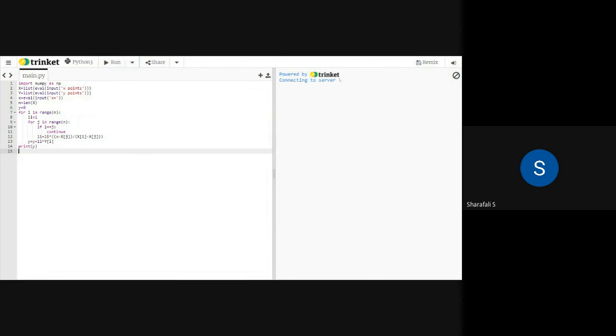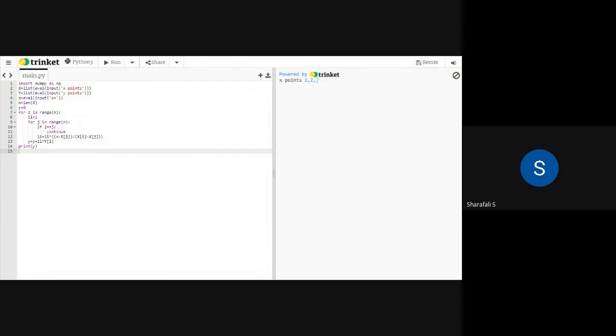Okay, so let us run this. You can see this window also. Now first I have to put the x points. Let us consider 1, 2, 3, 4. Or I can give some non-equally spaced values.